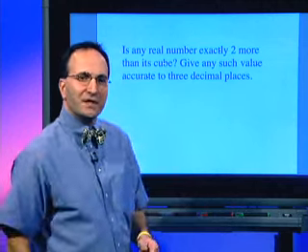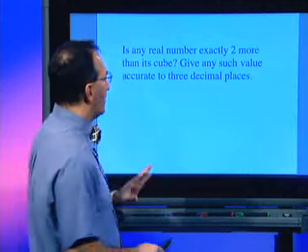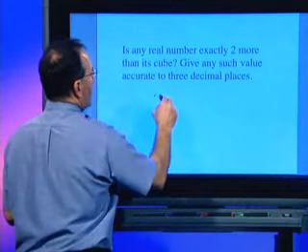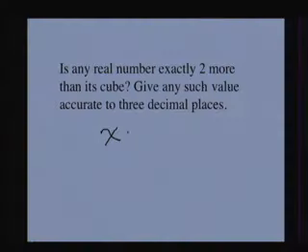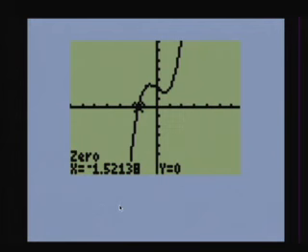Let's find out how you did on this problem. Once again, you set up the algebraic part of it. So is any real number x equal to 2 more than its cube, x cubed plus 2? So we rewrite that as x cubed minus x plus 2 equals 0. We can plug that into the equation editor of our calculator and take a look at its graph, which would be right here.